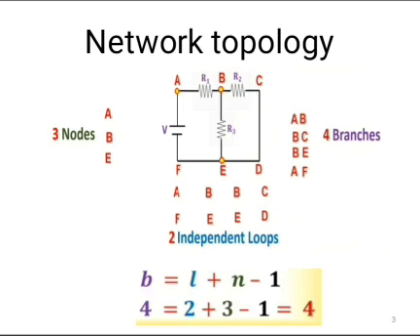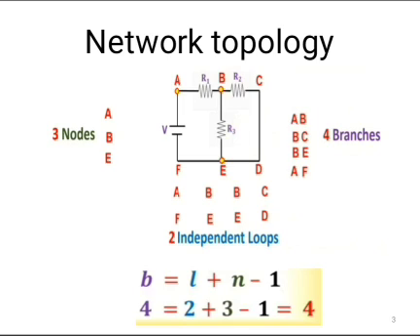The first loop is A, B, E, F, A. The second loop is B, C, D, E, B. And this network has four branches: AB, BC, BE and AF. Actually, this network consists of three nodes, four branches and two independent loops.